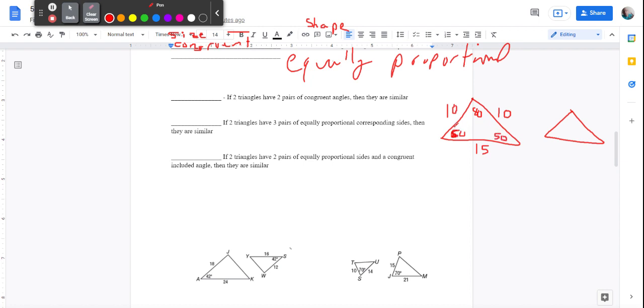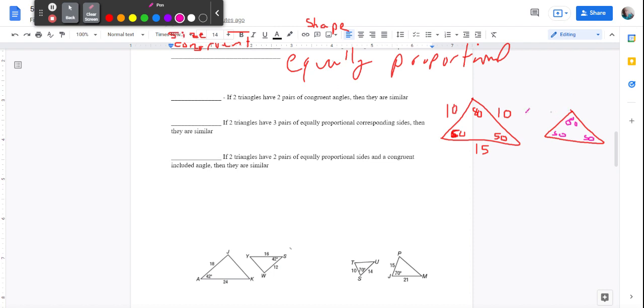If I have a similar triangle, the corresponding angles are going to be congruent. So let's say I have an 80-degree angle here, 50 here, and 50 here. And let's say the triangle is dilated by a scale factor of 1/2.